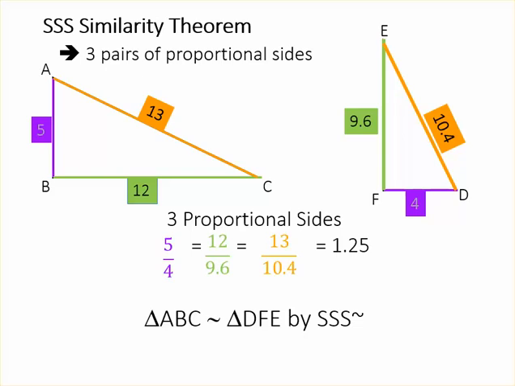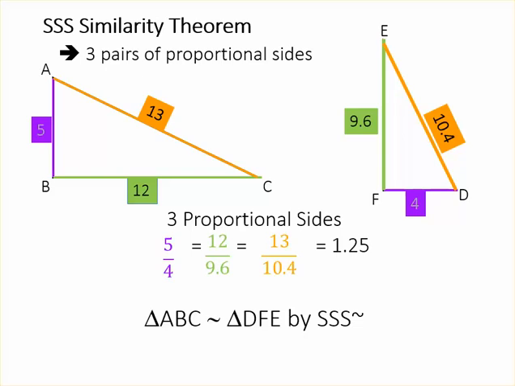When you set them up, make sure that you're pairing the smallest one from the first triangle with the smallest from the second. So for example, the 5 over the 4. Then I often recommend going the biggest with the biggest, so 13 over 10.4. And then that leaves 12 divided by 9.6.